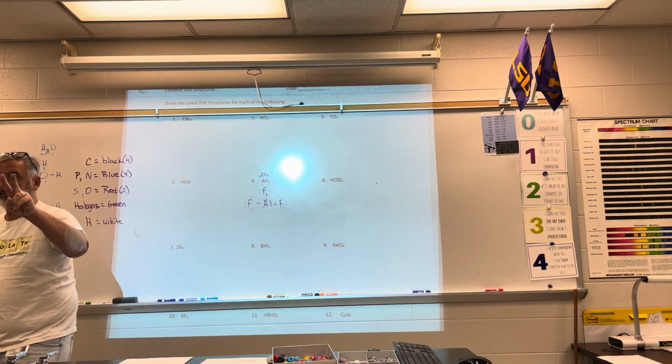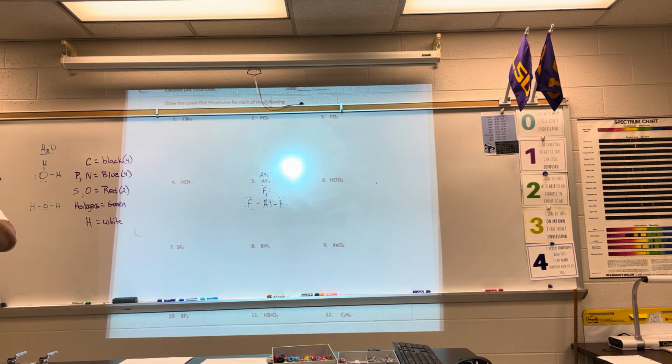What are the 2 problems with that? Lucas, you just said 1: aluminum only needs 6. What's the second problem with trying to form a double bond with fluorine? It can't do it because fluorine doesn't want more than one bond. That's exactly right. Say it one more time, loud. Fluorine can't form more than one bond. And why can't fluorine form more than one bond?